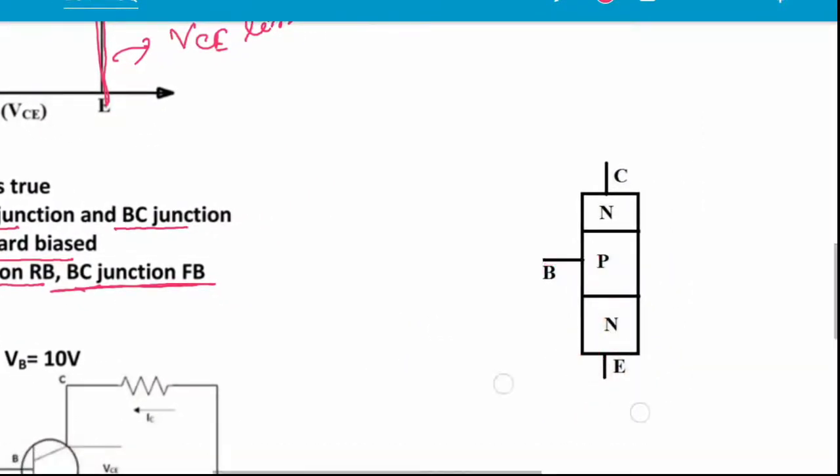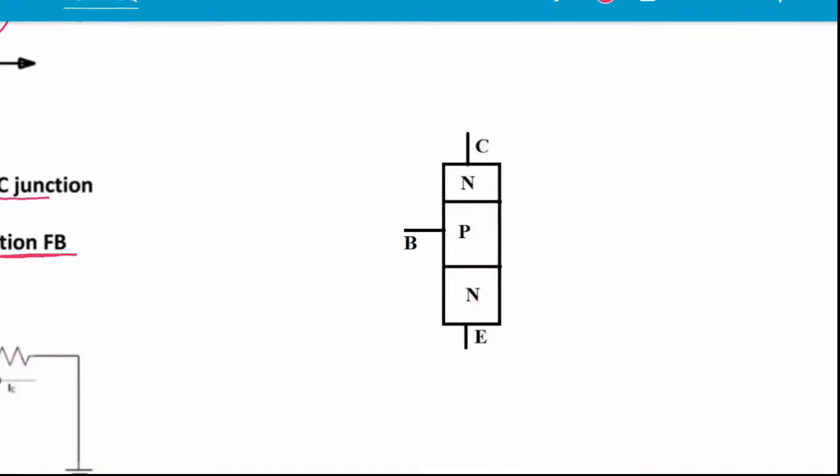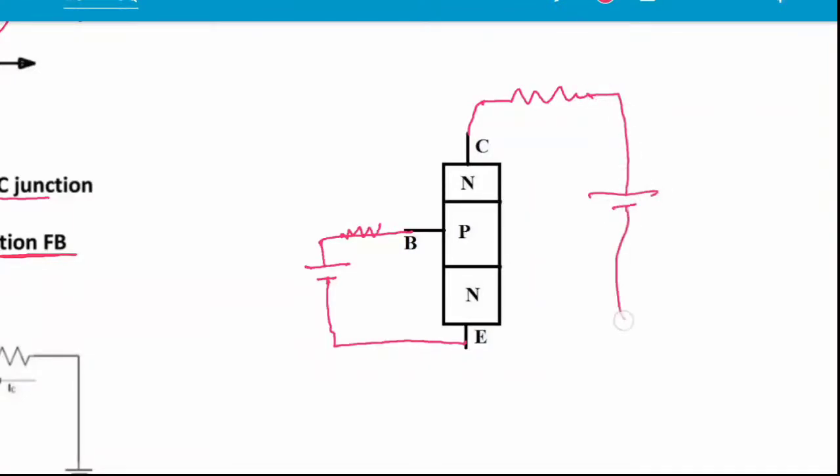Here, consider this figure. If we provide a positive voltage to the base and emitter through a resistor, and here also a resistor, and if we provide another voltage, this is called VCC, and here this is called VB or VBB.